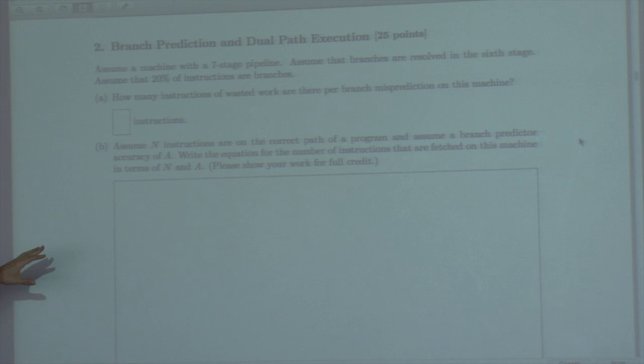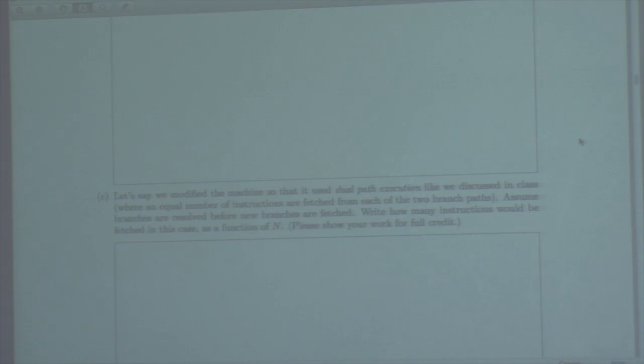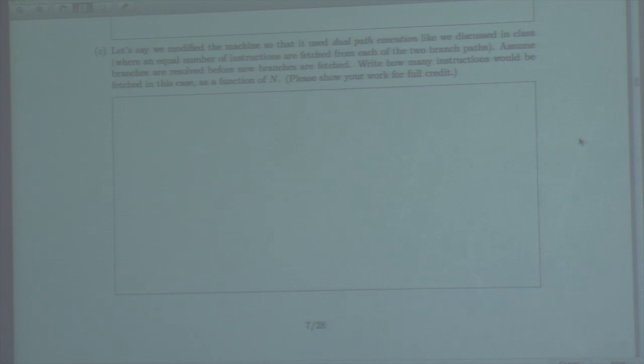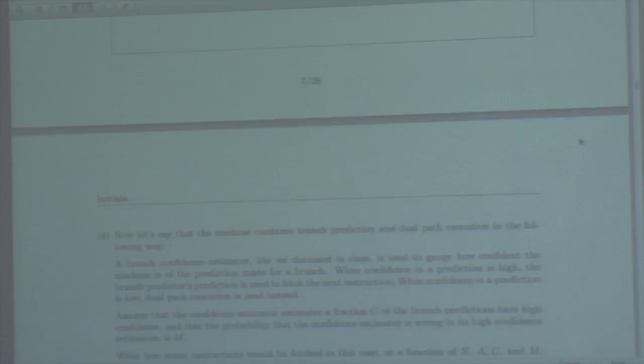We ask you to write the equation for the number of instructions that are fetched on this machine in terms of the number of correct path instructions in the program and the branch prediction accuracy of A. Again, definitely do that. It's not that difficult, actually, if you think about it. And once you actually do these questions, I think it'll be easier to do the exam questions also, hopefully.